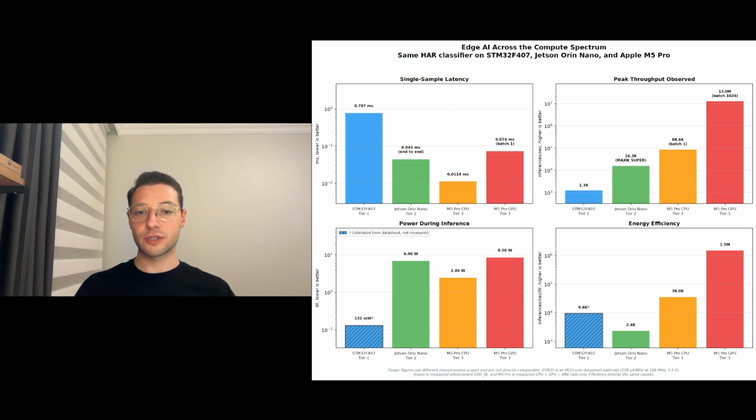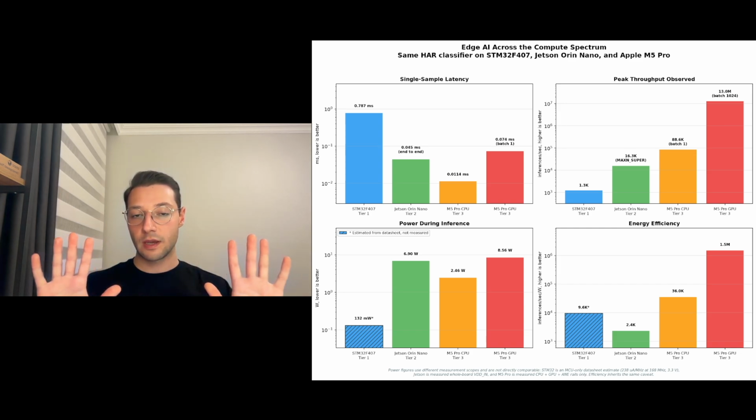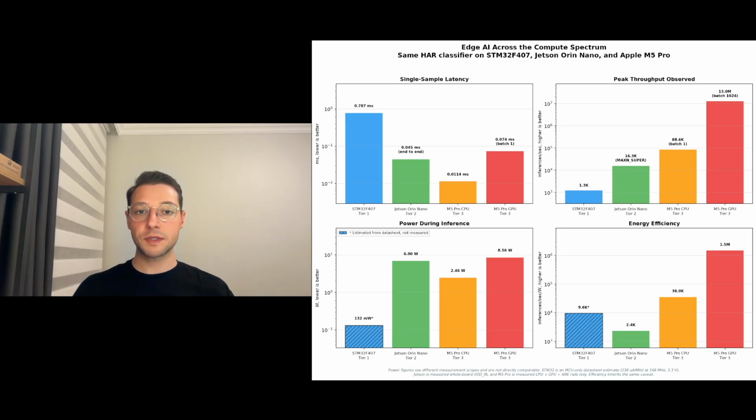There are two conclusions. One of them is specific to this workload, and the other is more general. For human activity recognition, the answer is clear. The UCI Human Activity Recognition dataset classifies a 2.5-second window, so a deployed system requires roughly 1 inference per second, while the STM32 delivers 1,300 per second at 0.79% CPU utilization on approximately 132 milliwatts.